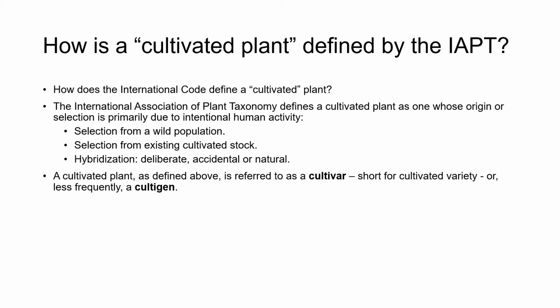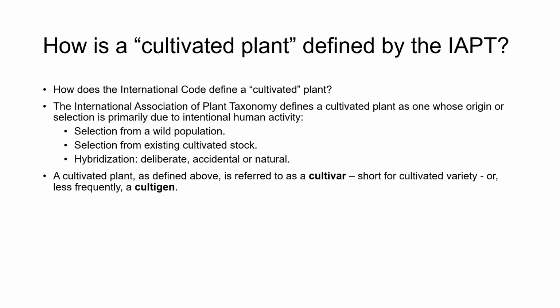In the eyes of the IAPT, a cultivated plant is defined as one whose origin or selection is primarily due to human activity. This human activity could be the selection of a plant from a wild population. It could be the selection of a plant from existing cultivated stock, either in a nursery or a cultivated landscape or in a field.